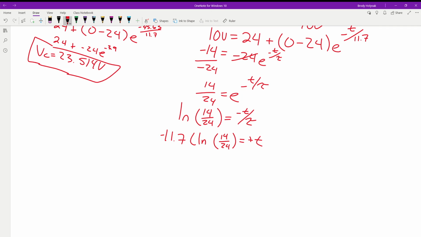Now, there may be other questions on the test as well. What does this come out to be, first of all? Because we want time to be positive.